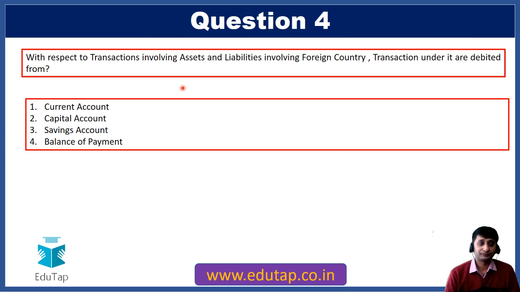So the question was basically that if the transactions involve assets and liabilities involving foreign countries, means you are taking some loans or buying some property in which a foreign country is involved, then that would come under the capital account related to BOP, right?